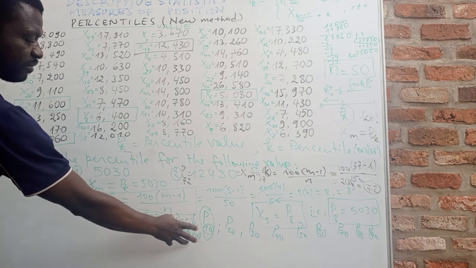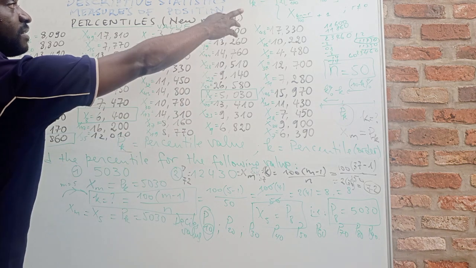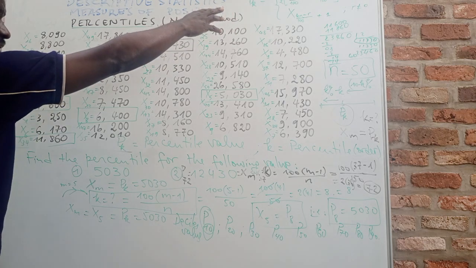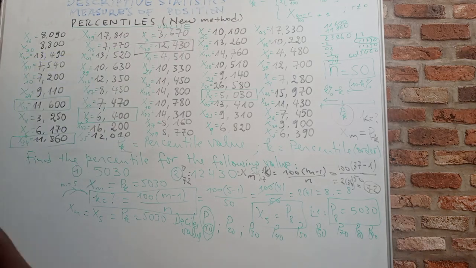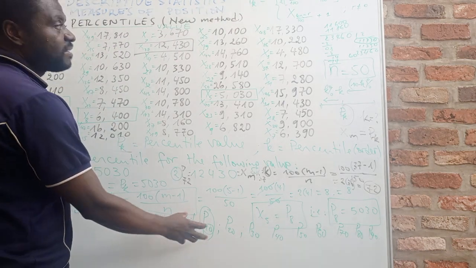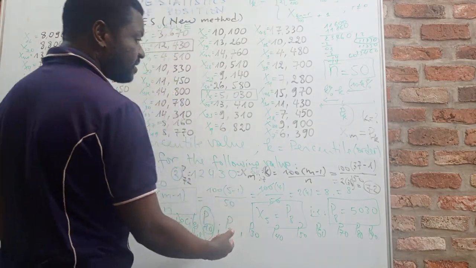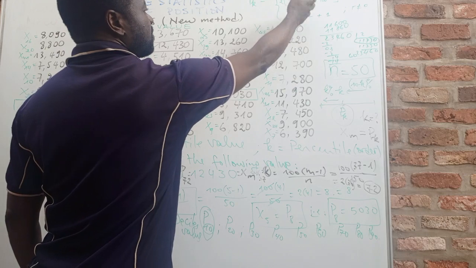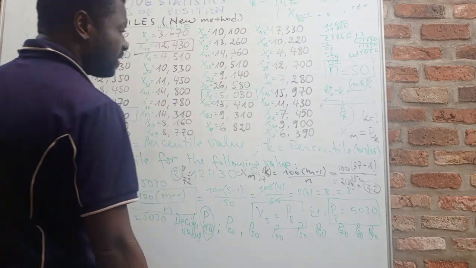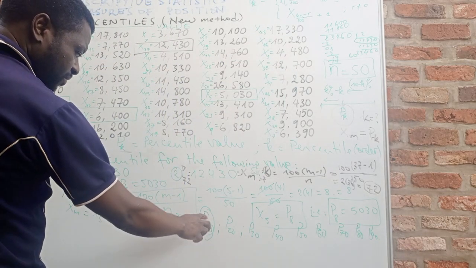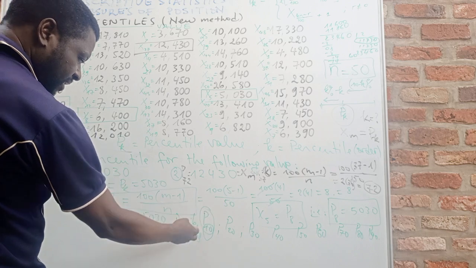Before going deep into how to calculate decile using this formula: to calculate the decile, in this formula, instead of using 100, we are going to use 10, and of course this p will become d.